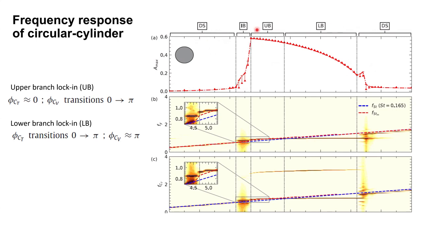This is for the circular cylinder, and these arrows on certain points are showing some kind of cycle to cycle variation in the signal. So let us say you have some kind of beating in the signal, or the signal is not perfectly harmonic. So this is representing that amplitude variation for that particular case. As you can see, there is no variation present here because it's a locked-in branch, but here you have an initial excitation, so there are some variations here.